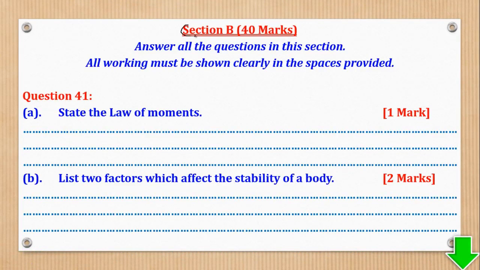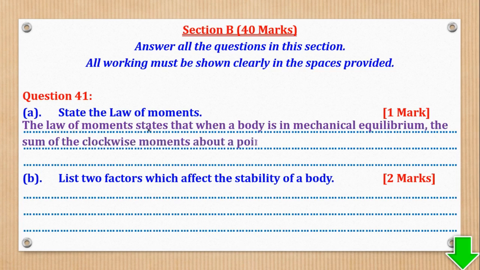Now we shall go to section B. Section A, remember it was objectives. Now section B is short answer questions, and the answers have to be written in the spaces provided. So question 41 part A says, state the law of moments.